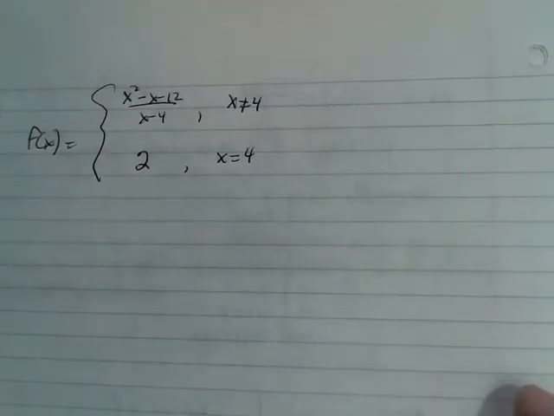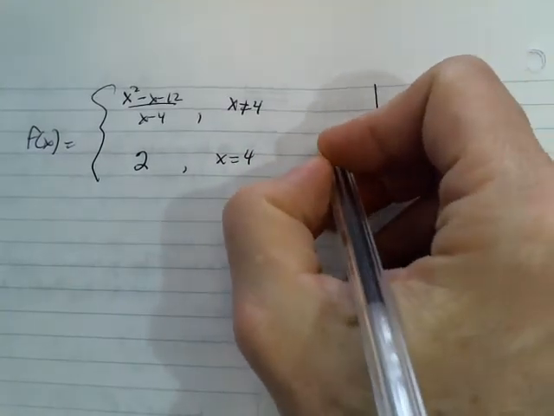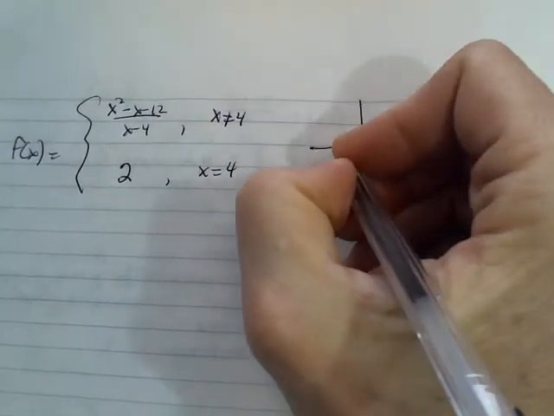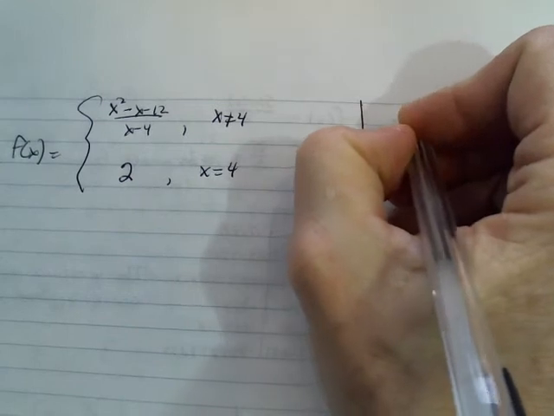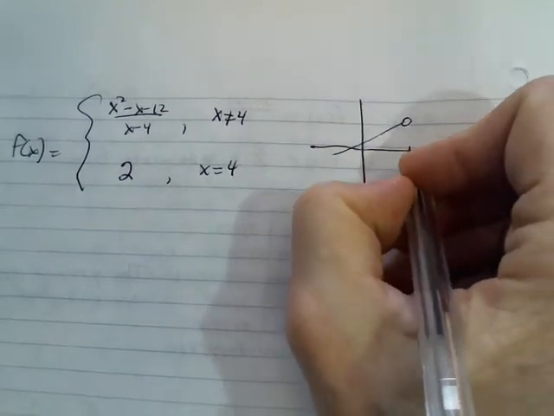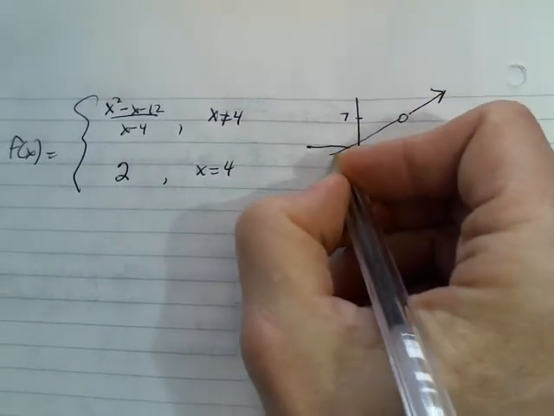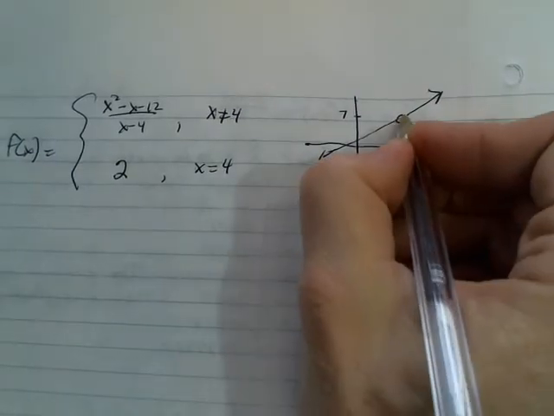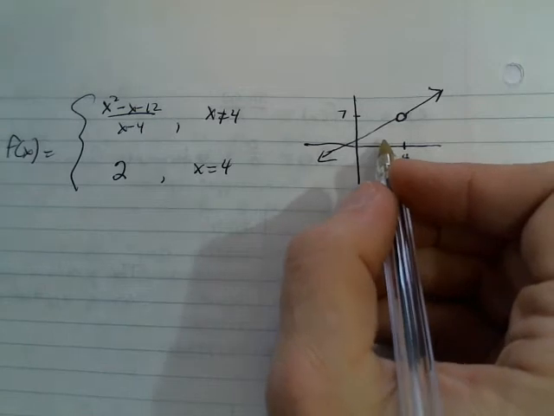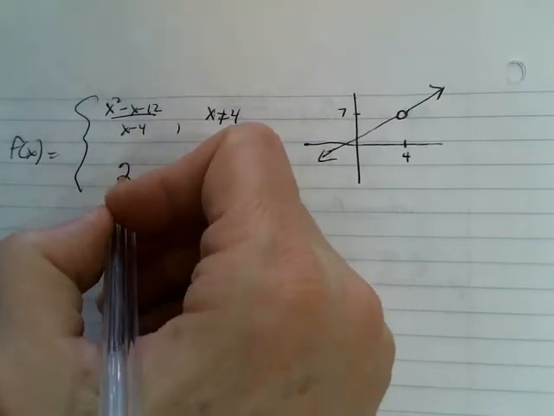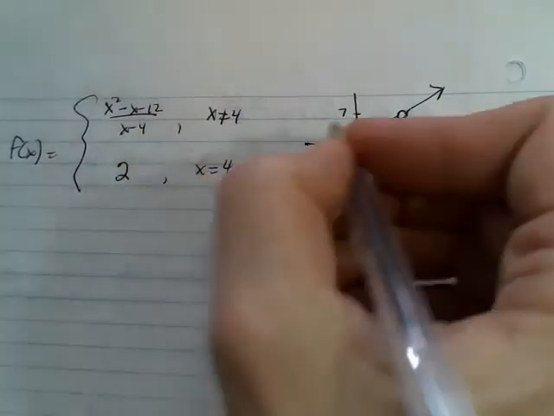If we wanted to graph that function, the graph would look exactly like the graph looked yesterday, except it would have a hole where x is equal to 4 and y is equal to 7, but then it would go on and on forever. So we have an open circle here for the top part, and the bottom part of this function is f of x is equal to 2.